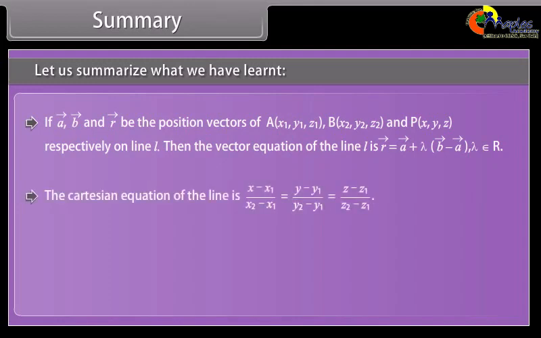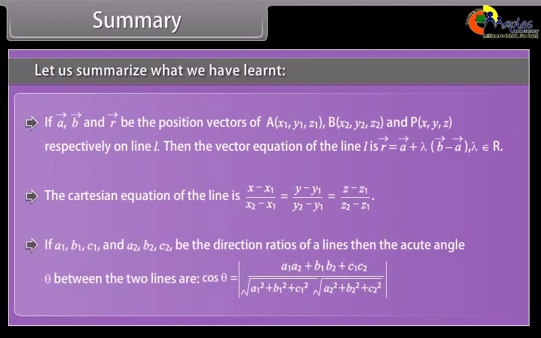The Cartesian equation of the line is x minus x1 by x2 minus x1 equals y minus y1 by y2 minus y1 equals z minus z1 by z2 minus z1.